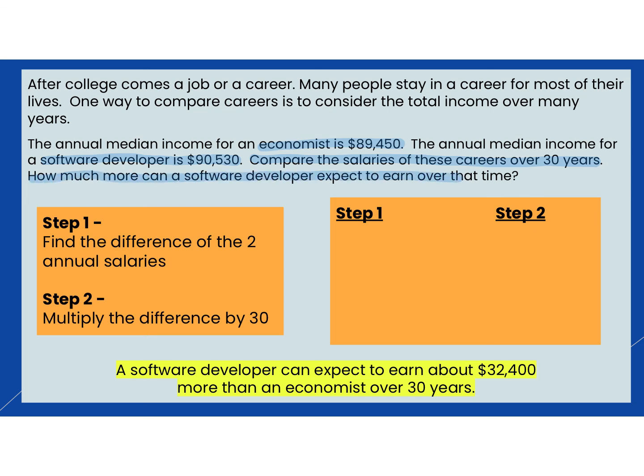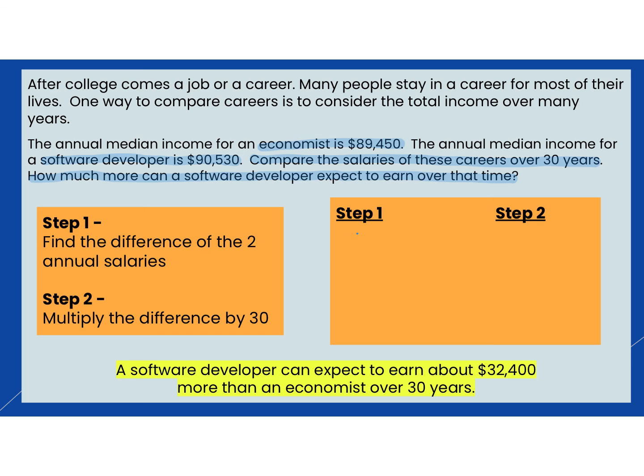So in order to calculate and compare the salaries over a whole career of 30 years, we have 2 steps we're going to follow. Step number 1 is we'll find the difference of the 2 annual salaries. So I'll subtract the smaller salary from the larger salary.